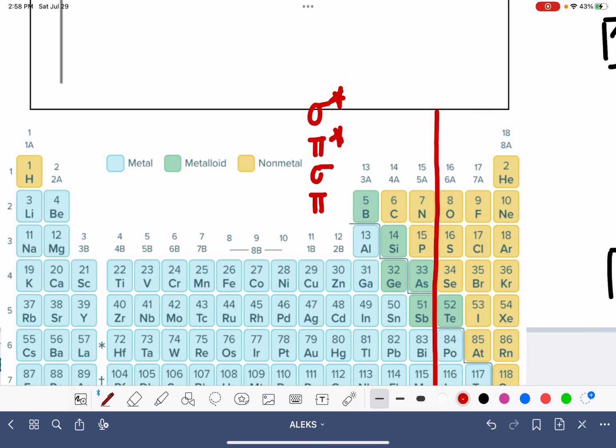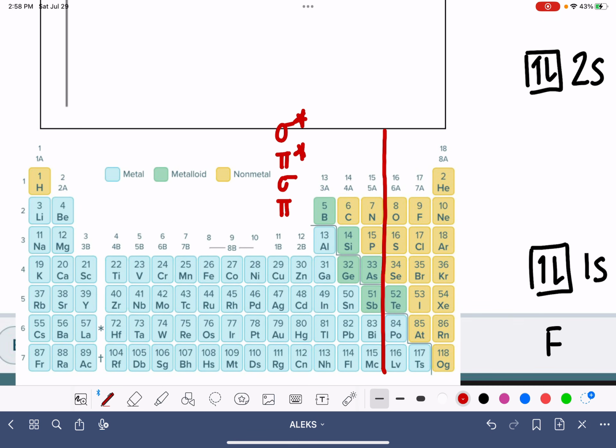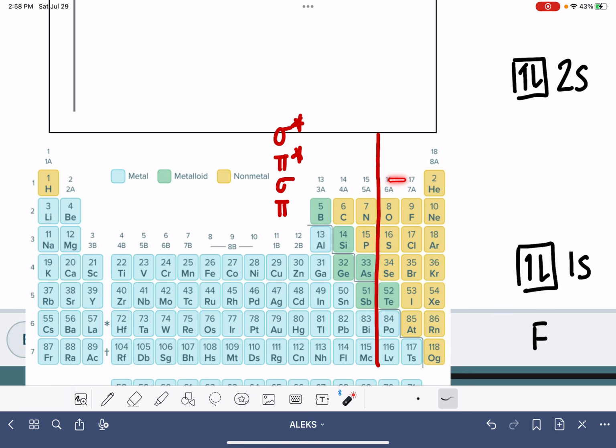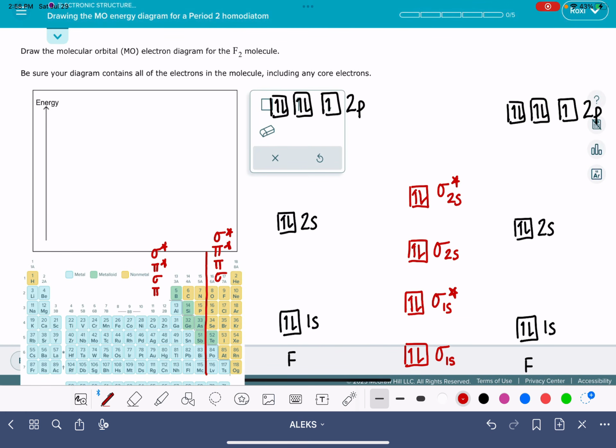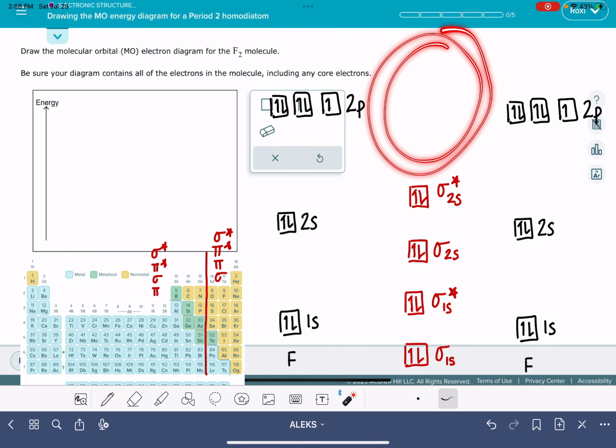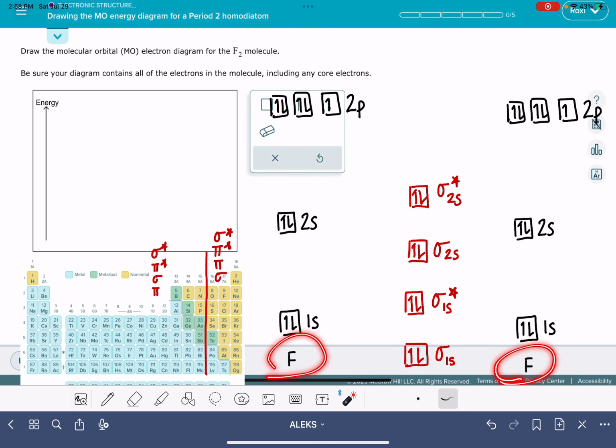That may not make a ton of sense right now, but it's going to make sense when we put these orbitals together. If you're dealing with 6A or higher, your order is sigma, pi, pi star, sigma star. So before you put these orbitals in place, you need to pay attention to where your atoms are located.